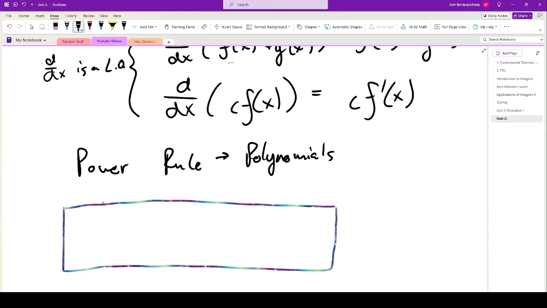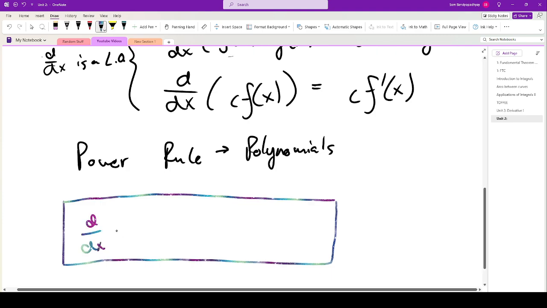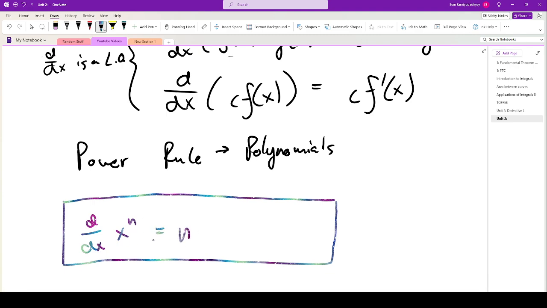The power rule tells us that the derivative of a function x to the n is going to be n times x to the n minus 1. So you drop down the exponent and subtract 1.